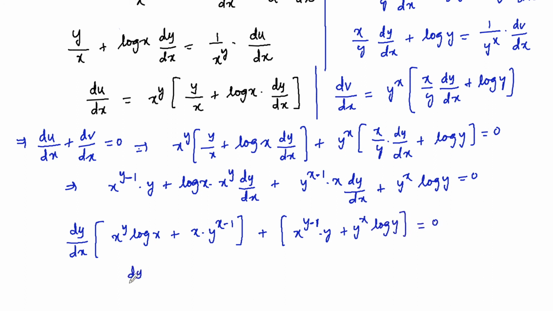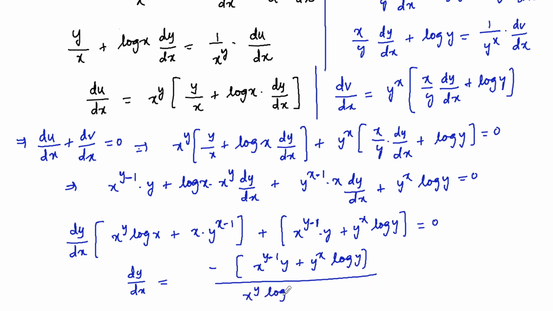Or we can also write this as dy by dx is equal to minus of x to the power of y minus 1 into y plus y to the power of x log y upon x to the power of y log x plus x into y to the power of x minus 1. So this is the answer. Okay, thank you.